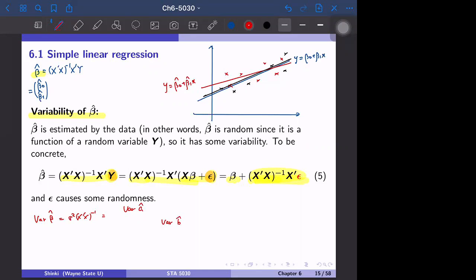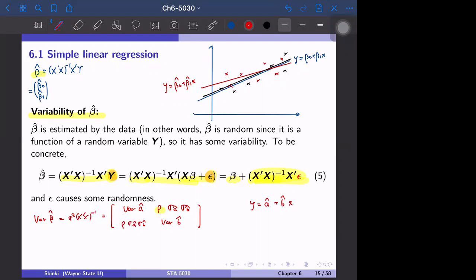And this is the off-diagonal term: the correlation coefficient times the standard deviation of A hat and the standard deviation of B hat. So what does this correlation coefficient between A hat and B hat mean? A hat is the estimated intercept and B hat is the estimated slope.